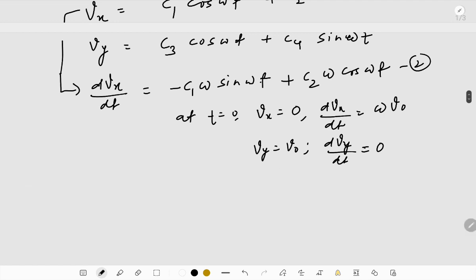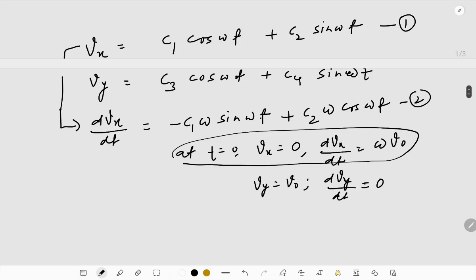I don't need those here; I can put only these two values to get the values of c1 and c2. I'm going to put t equals 0, that means sin 0 is 0 and cos 0 is equal to 1. So c1 equals vx. Vx was 0 initially, that means c1 is equal to 0.